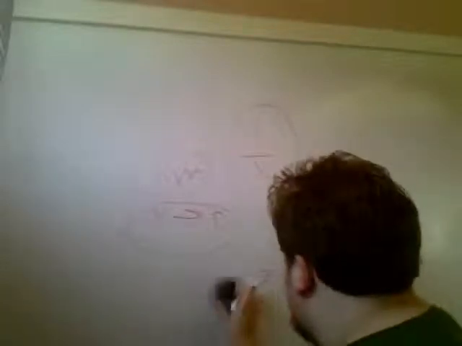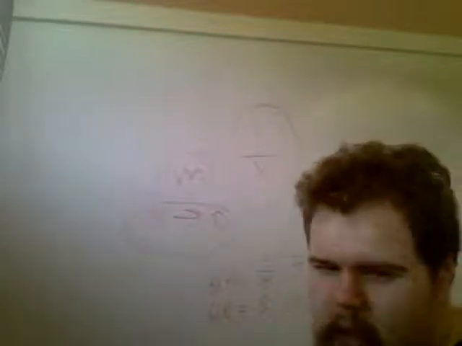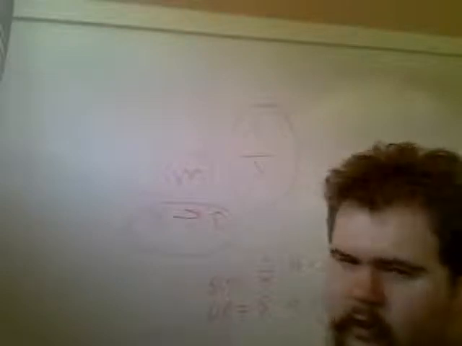For example, the function f of x equals 1 over x if x is not 0, f of x equals 5 if x is equal to 0.